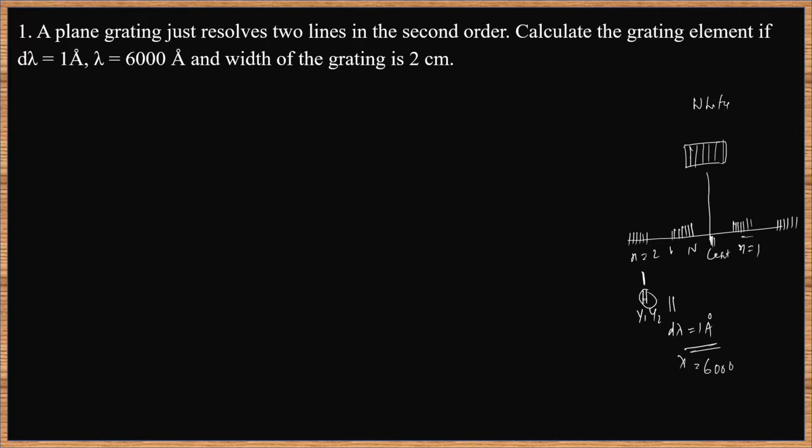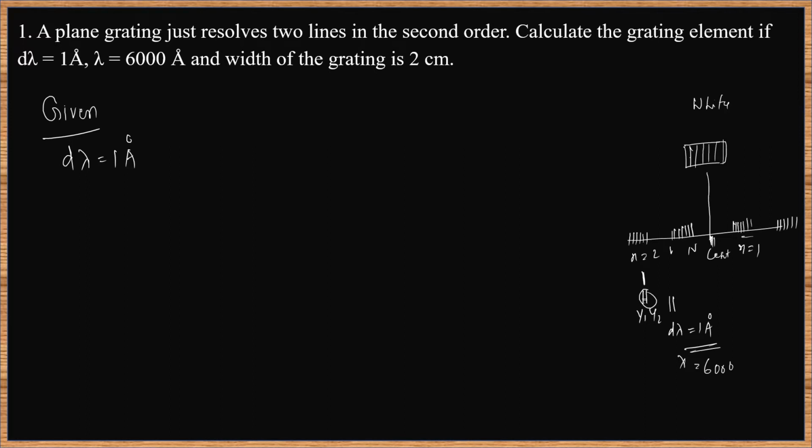So the question is, calculate the grating element if d lambda is equal to 1 angstrom. Okay, so how can we do that? Let's write the given parameters. d lambda is equal to 1 angstrom. I hope you understand what is d lambda.